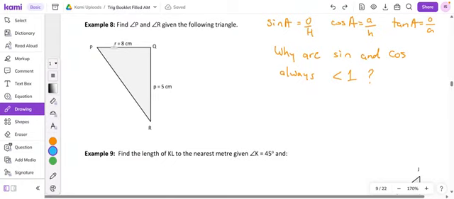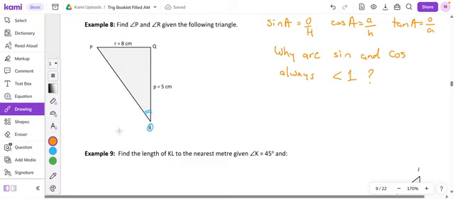So in example 8, we're looking to find angle P and R. Okay, let's start with angle R. Now I'm going to show you how to use SOHCAHTOA as a tool. Based on angle R, can you please label all the sides?